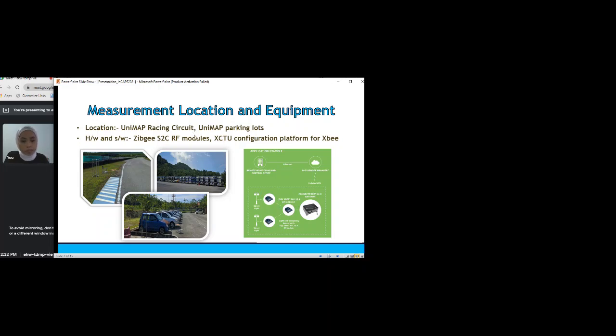Okay, the hardware is ZigBee S2C RF modules. We use these modules for our experiment and research because they are compatible with our short range data collection.